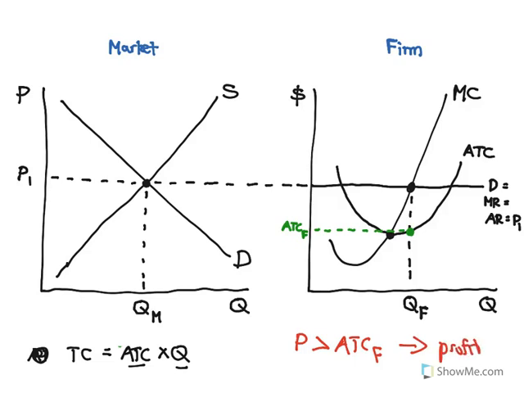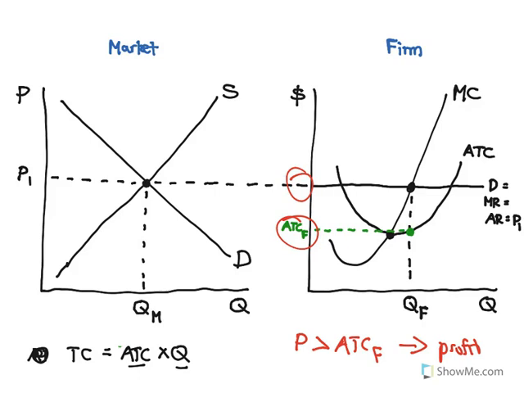So average total cost is here, price is here, which is greater? Price. It's higher up the y-axis, and so we have a profit. So that's a really quick way to visually see that, right? So that's if a firm is making a profit.